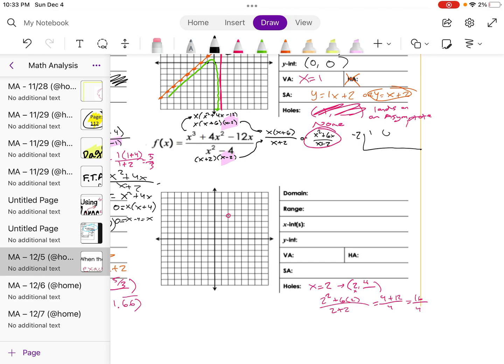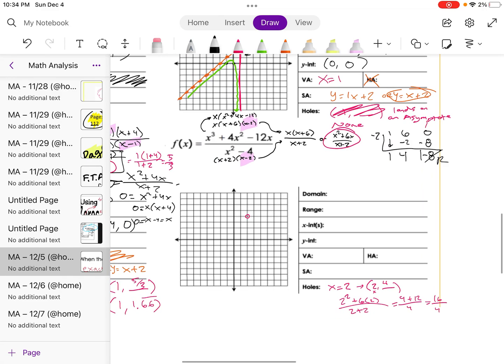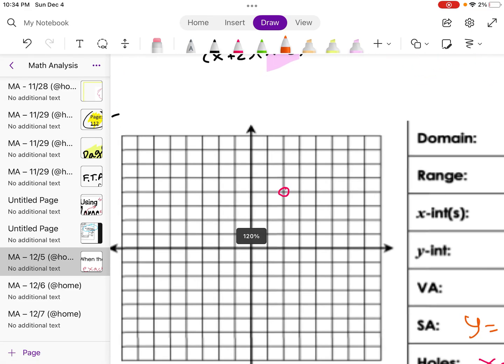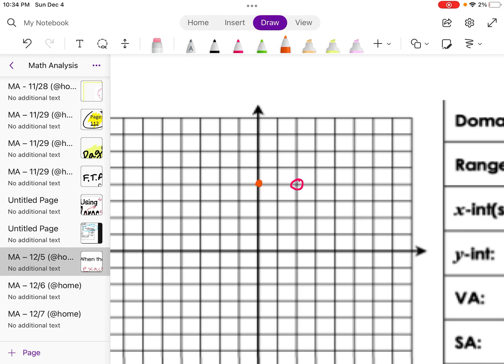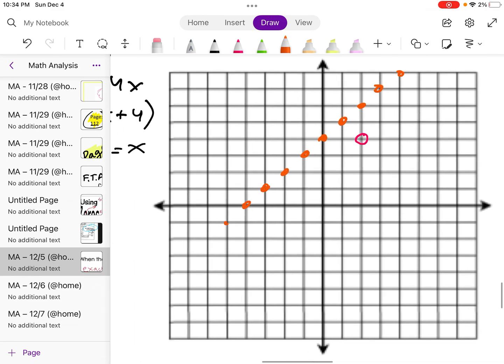Let's do our slant asymptote with synthetic division. So we've got this as our slant asymptote, which is going to be y equals 1x plus 4, or just y equals x plus 4. We have a y-intercept at positive 4. And a slope of 1.